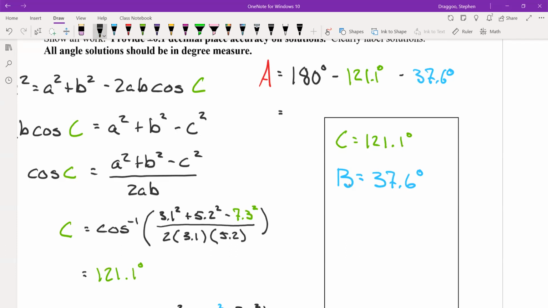And you can either do that in your head or plug it in a calculator. I think I get 21.3 degrees. Put that in the box. And once I've solved for my 3 missing pieces, I'm then done.